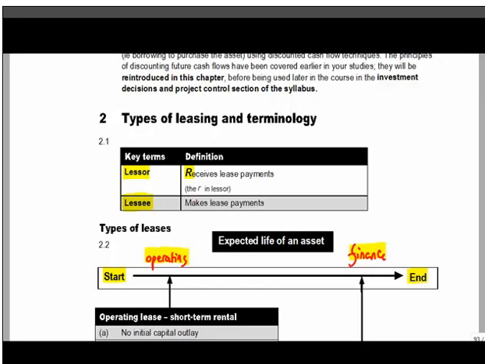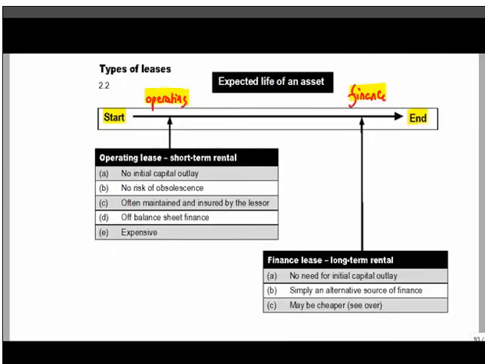Before we look at the numbers, let's just discuss the main features of operating and finance leases. And to remind you again, discussion areas are very important, particularly in this chapter. An operating lease is a simple, short-term rental of assets. And it means you don't have to buy them outright, so you save the capital outlay, and also if you don't need the asset for very long, you don't want to buy it, use it, and then have to sell it again.